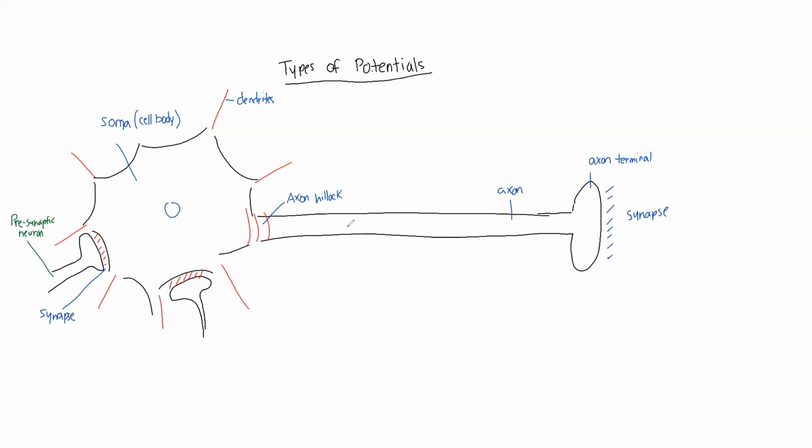And then this main neuron that we're looking at more closely would be our postsynaptic neuron, because it's on the other end of that synapse. So this is our postsynaptic.